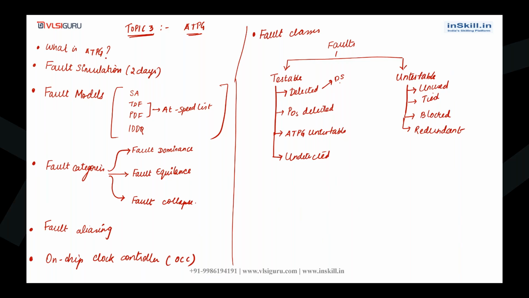Detected means detected by simulation or detected by implication. ATPG untestable has its own subclasses like pin constraint, sequential depth, cell constraint, wire, mask primary output, etc. So that is the broad classification of faults and their subclasses, all of which will be covered as a part of the fault classes topic.